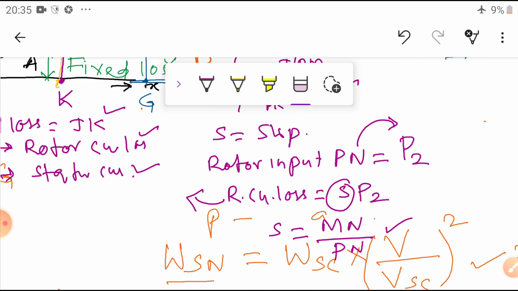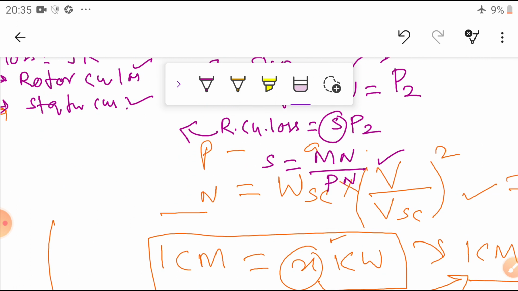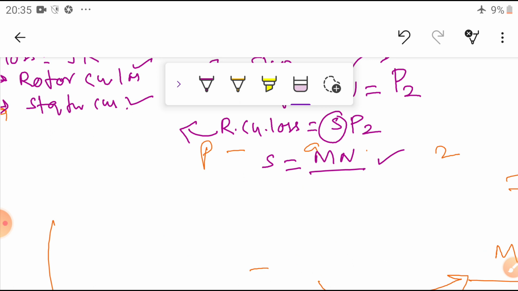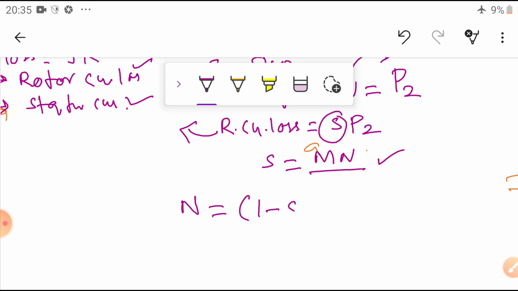Now suppose I want to know the rotor speed. If I know the slip, I can easily calculate it. The relation is rotor speed N equals (1 minus S) into Ns, where Ns is the rated synchronous speed and S is the slip you calculated. Substituting this, I get the speed also.